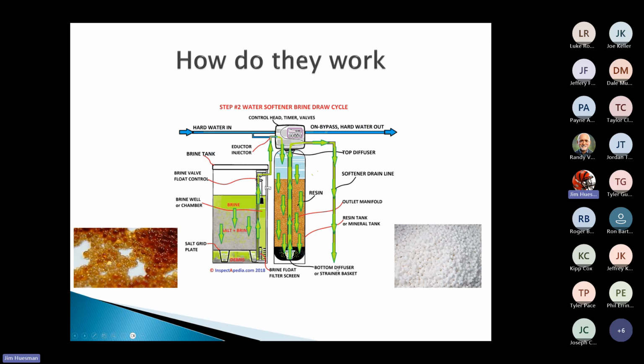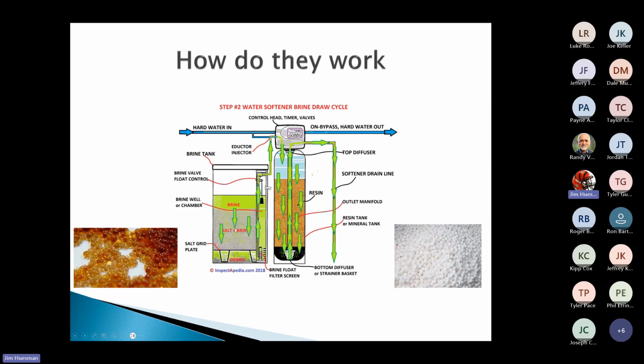So all of the calcium and magnesium that's now been released off the media, we're sending down the drain. And that's what's going on in the regeneration: we're just exchanging sodium for the calcium to make our water soft, and now we're adding the sodium back to our media to regenerate it and make it new again.